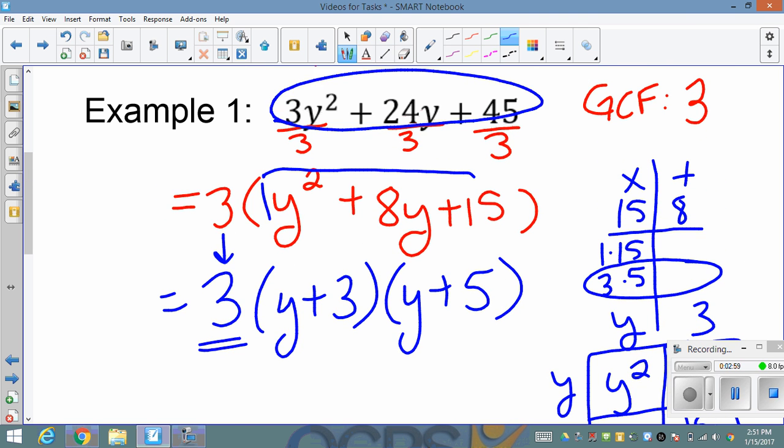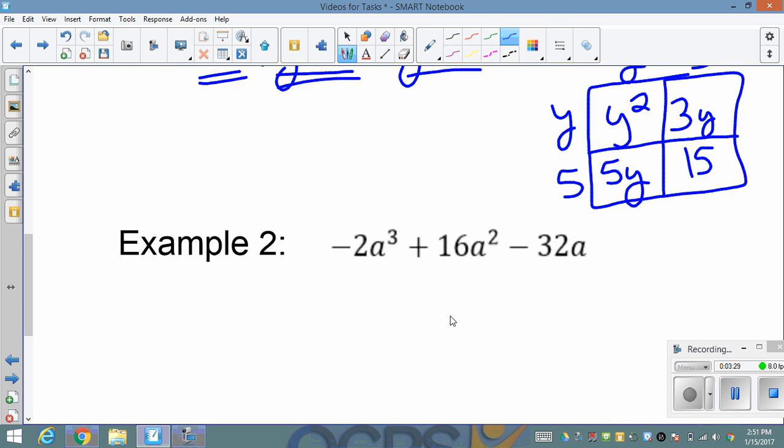So this polynomial equals 3 times y squared plus 8y plus 15, which equals 3 times y plus 3 times y plus 5. So really all factoring completely means is that sometimes you'll have to use more than one method in order to factor it all the way down to where you have prime factors, factors that cannot be factored any further.